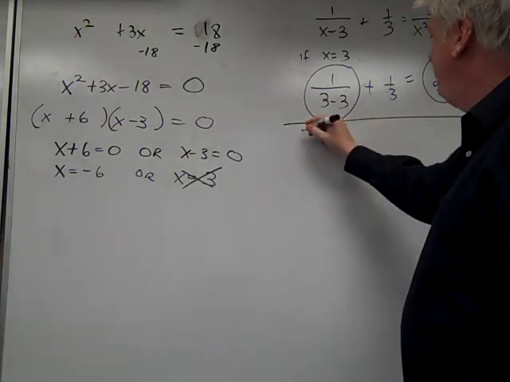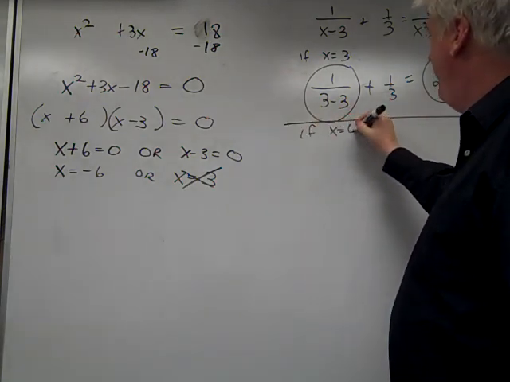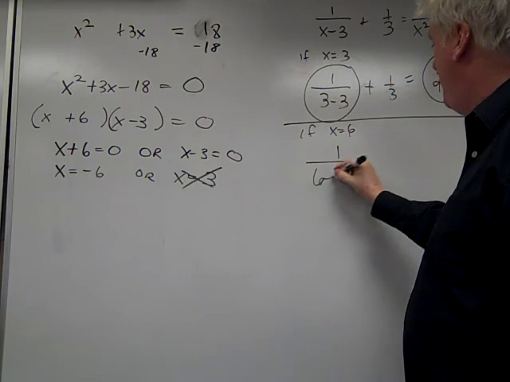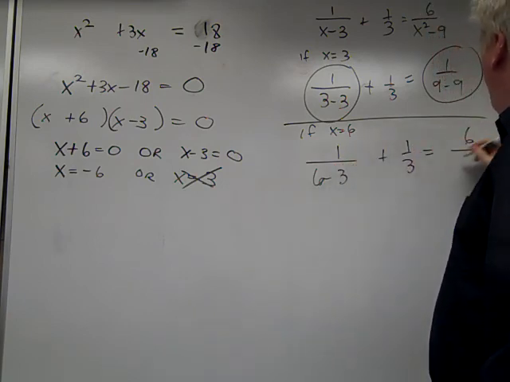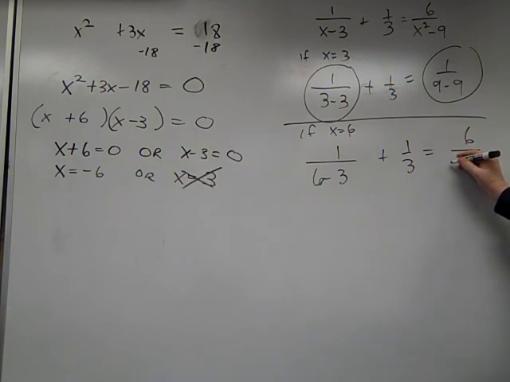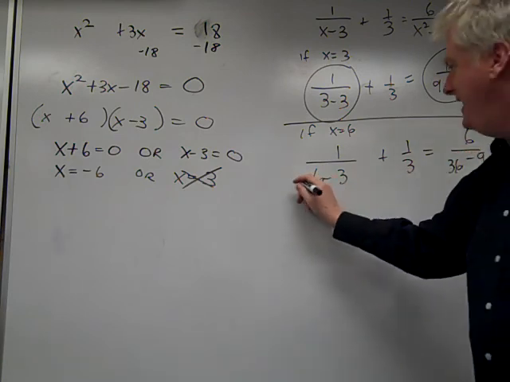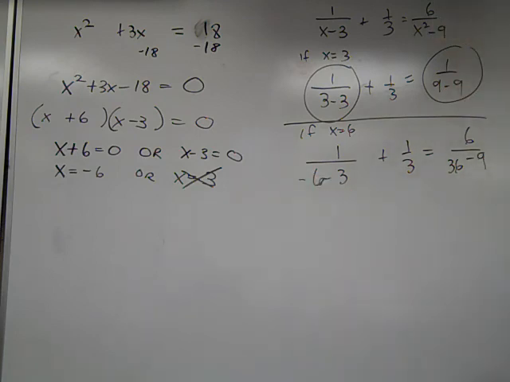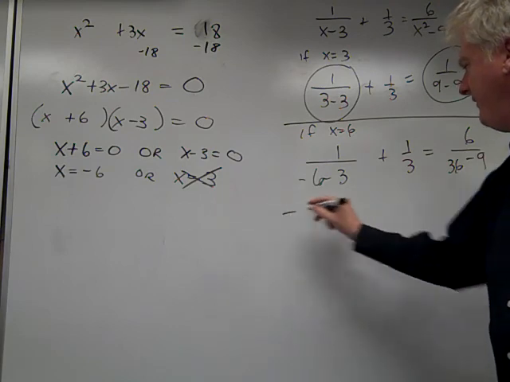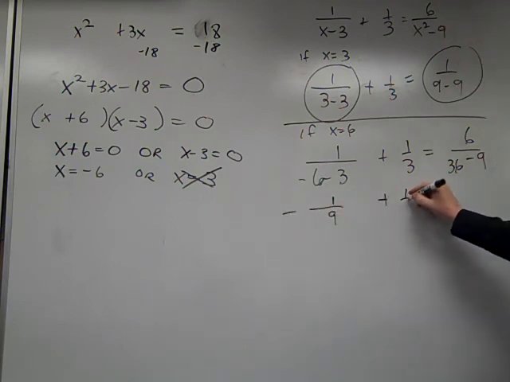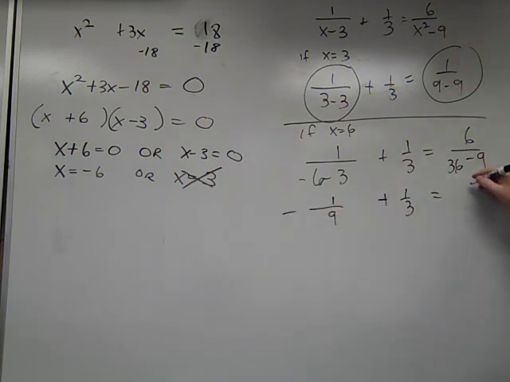So now we try to see what happens if x equals negative 6. We have 1 over negative 6 minus 3 plus 1/3 equals 6 over 36 minus 9. So this is negative 1/9 plus 1/3. Is this equal to 6 over 27?